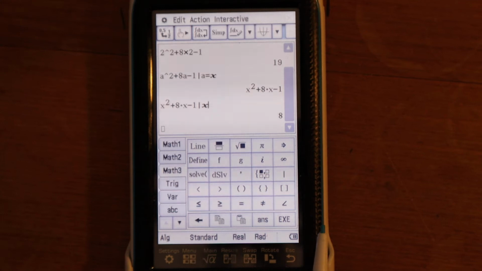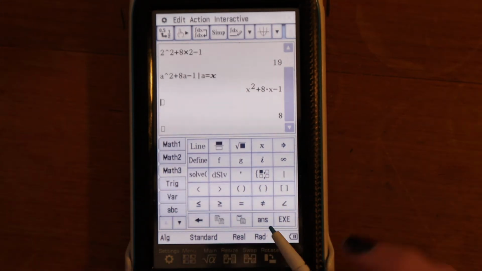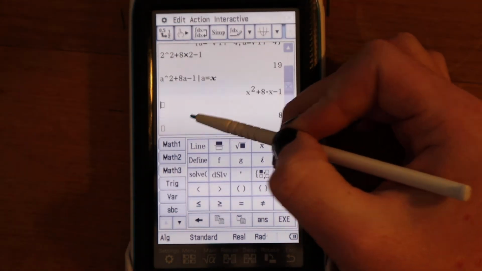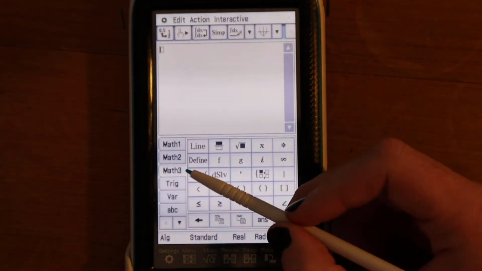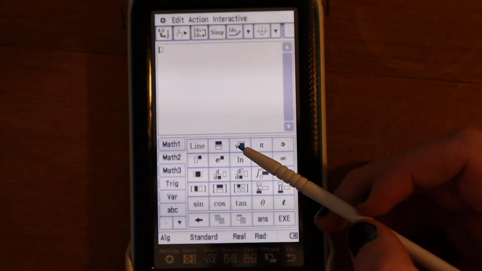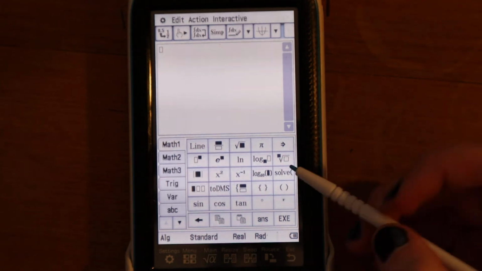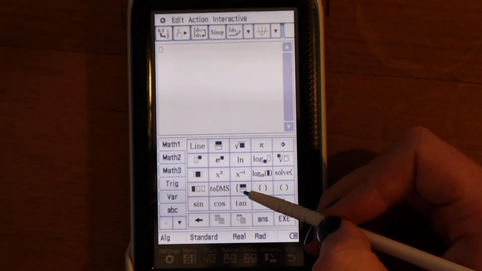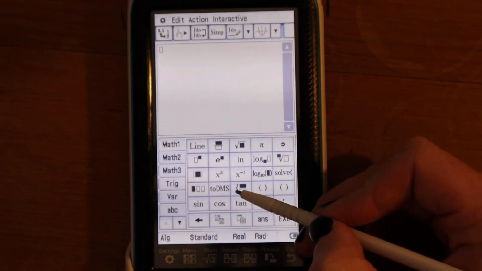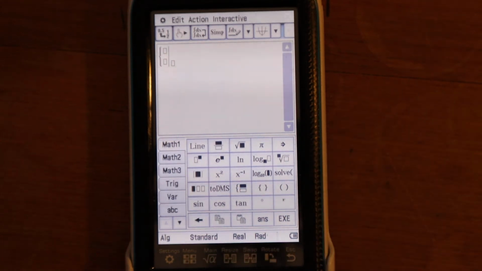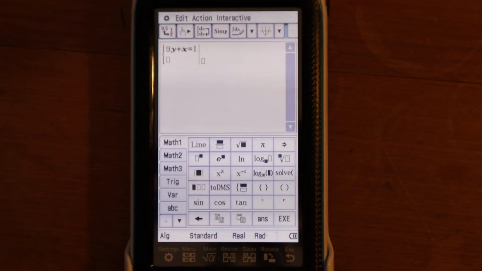Okay. I'm going to be looking at simultaneous equations. So if you have a system of equations with 2 or even 3 equations, you can use this little tab here. Press on that, and you can put in your 2 equations.